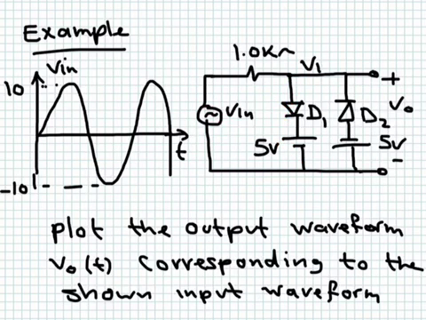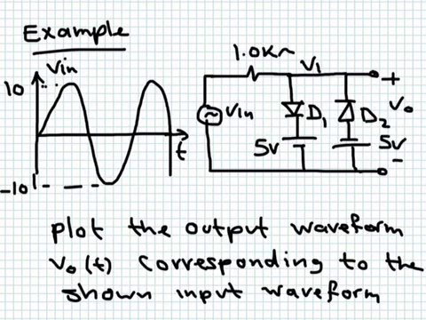For this diode to allow current to go in the forward direction, from the anode to the cathode, current will be flowing this way, and the voltage between this point and this point will have to be equal to 5.7. Otherwise, there will be no voltage. But this is a negative voltage. So if the input voltage exceeds 5.7, this branch will conduct. If the input voltage drops below minus 5.7, this branch will conduct.